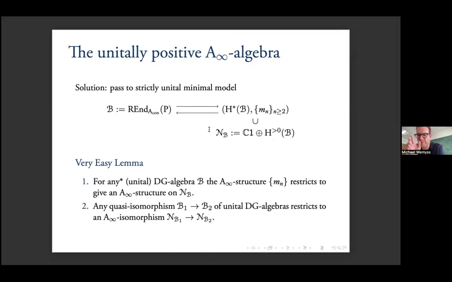Maybe I'll answer it like this: we make no claims that if you take an arbitrary A-infinity morphism, then it restricts. We only make the claim that the DG ones do, and that's the key. I see. There's mixing issues in general. But the fact that it's the DG, that's the claim. There is probably a more general version of it, but we only need the DG. Okay, thanks.